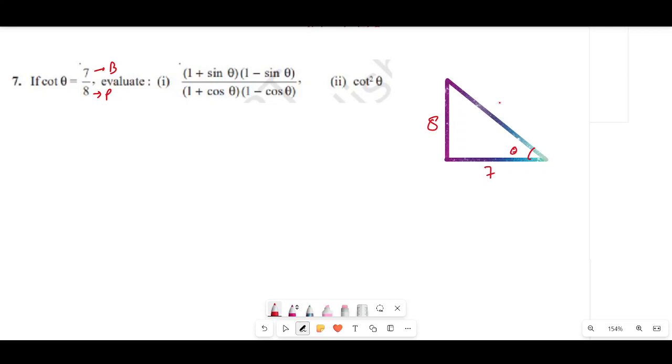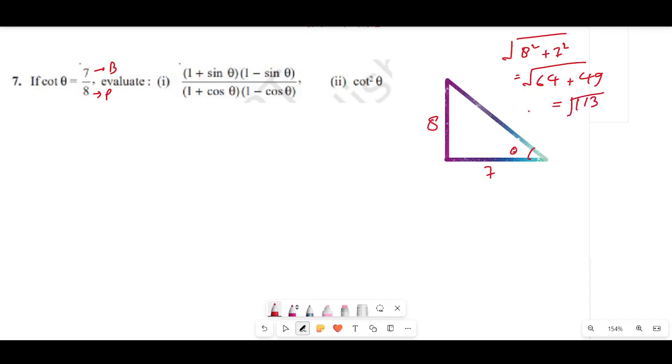Clear? Now what will be the value of 8 square plus 7 square? That means what is the value? 8 8s are 64 and 7 7s are 49. So we can write here, what will be the value of this? This will be 113.